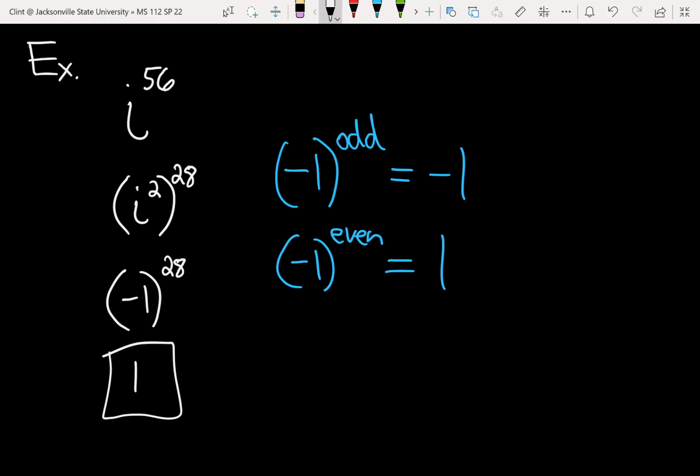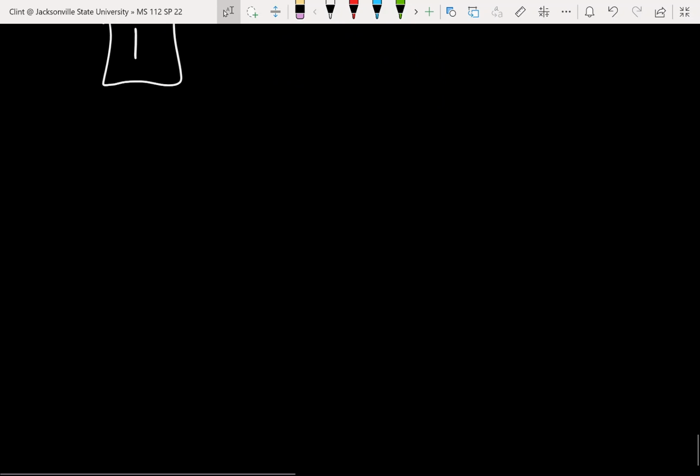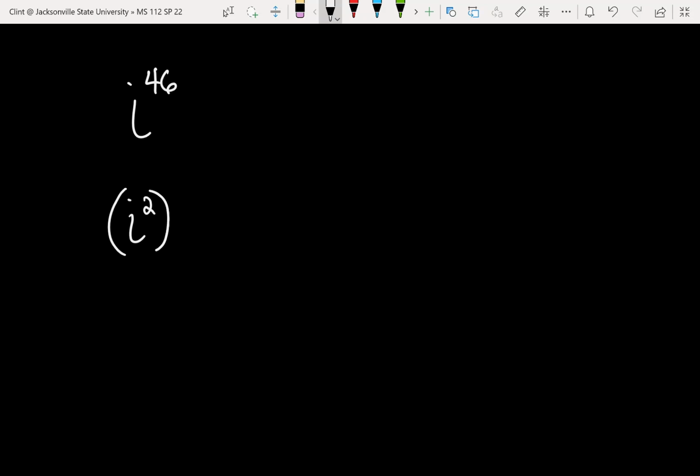Okay. Do another one. Let's simplify i to the 46th power. So again, I see that's even. Okay, I'm going to divide it by 2. So I'm going to figure out how many i squareds I would have to get i to the 46. 46 is 23 times 2.